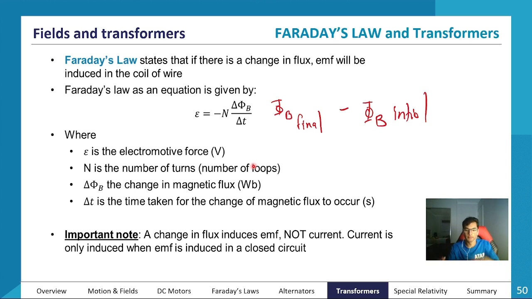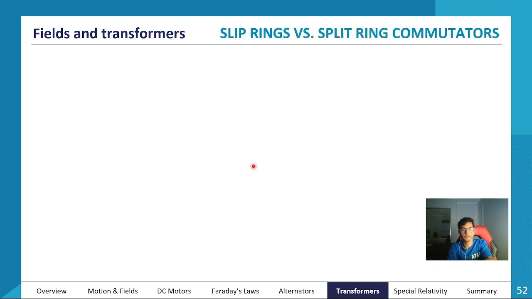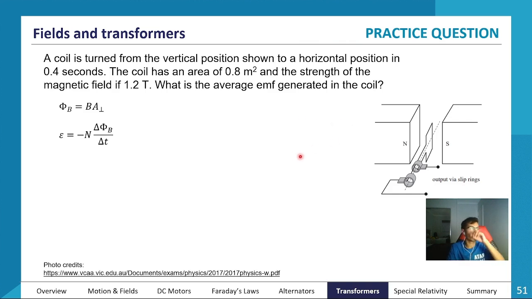So if we have a coil in a magnet and we spin the coil, we will produce electricity, we'll produce EMF. This is what we call an alternator.